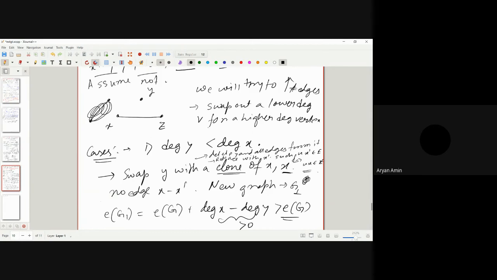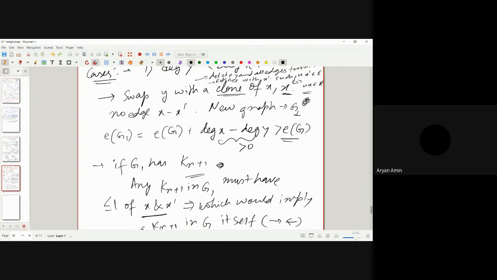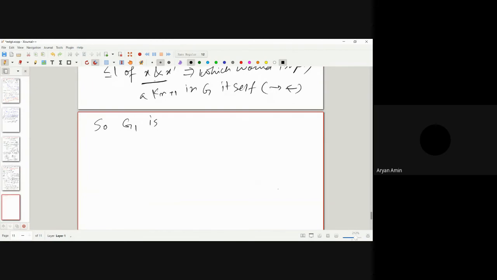So that's more formal if you like it. Basically, the new y will have edges with all neighbors of x. Does that make sense? So it's basically a clone of x in some sense, right? It will have edges to all vertices that x has edges to.